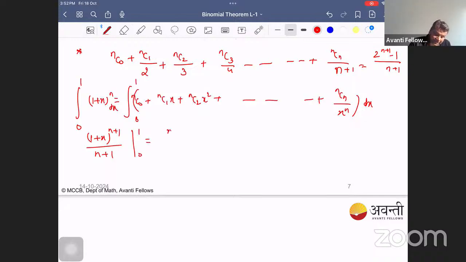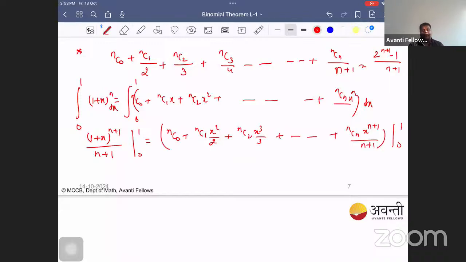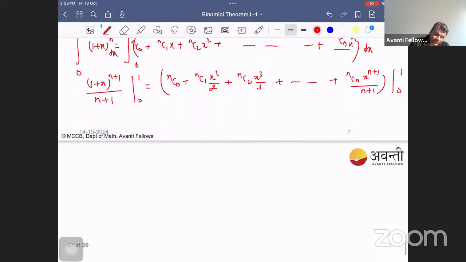The right side will be nC0 plus nC1 into x square by 2 plus nC2 into x cube by 3 and so on, nCn into x to the power n plus 1 upon n plus 1, with limits from 0 to 1. Am I correct? Now just simply put the limit.